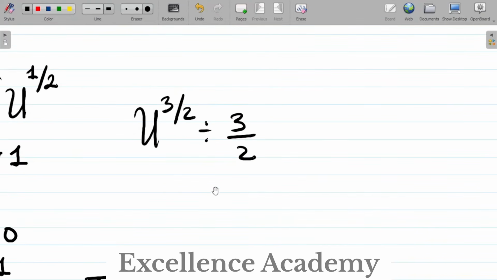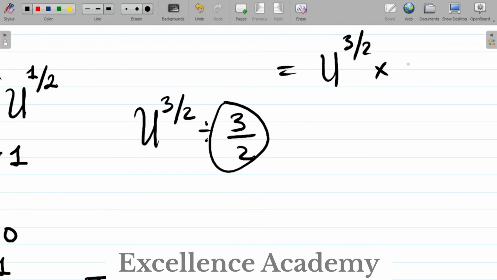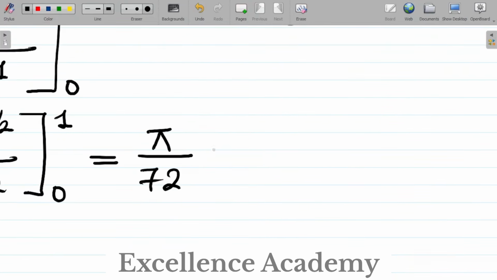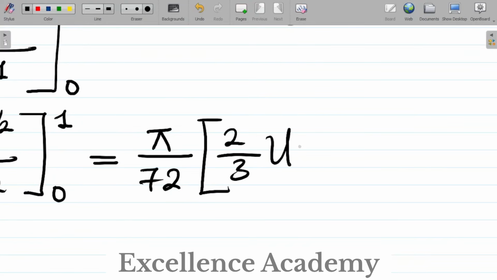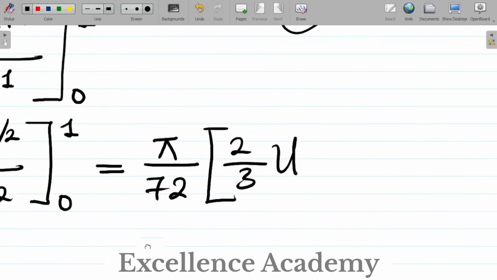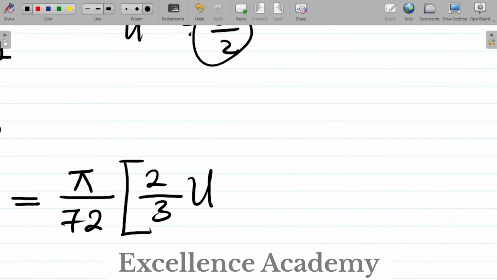Now to solve this, this would be equal to u to the power 3 over 2 times the inverse, right? That becomes 2 over 3. So I have 2 over 3 u raised to the power 3 over 2, and the limits there are 1 and 0.